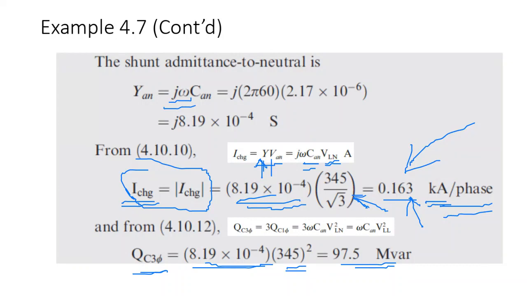So this is the magnitude, I charge per phase. The charging current will be 0.163 in phase A, also charging to phase B, and also charging to phase C. This is okay.